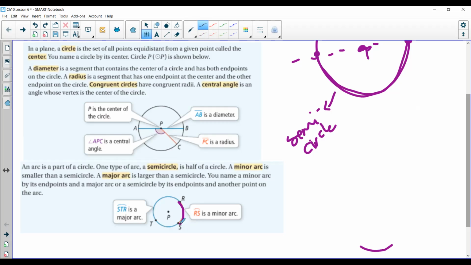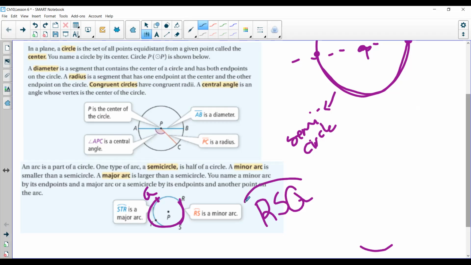The major arc is an arc that is larger than the semicircle. The endpoints of the major arc must be like this: R, S, and there's a point here. Let's name it Q. So we will say R, S, T, Q. This sign means arc.